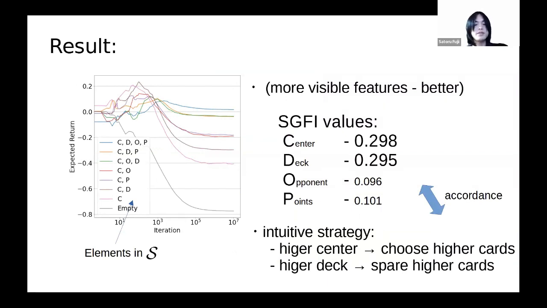The most intuitive heuristics for Goofspiel would be choosing a higher card when the center card is higher, and sparing higher cards when higher cards are remaining in the deck. And relatively, it's not easy to use the information of the opponent's hand or points. This is well in accordance with SGFI values shown on the right.